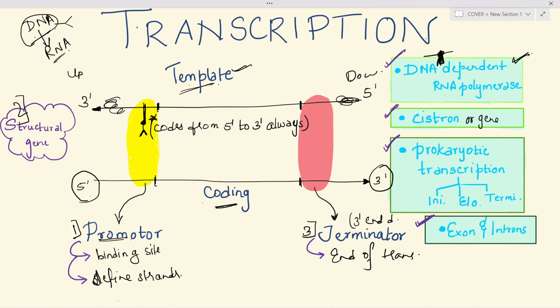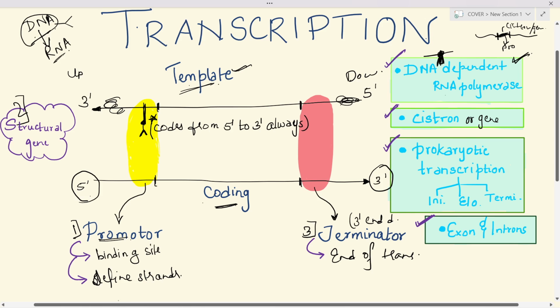Polypeptide means protein. Many peptides join together to form a polypeptide, and these together form a protein. So when a certain part of DNA, suppose this is the DNA and this part of DNA is said to make a protein, this part of DNA is called a cistron, or a gene. That's the basic definition of a gene.